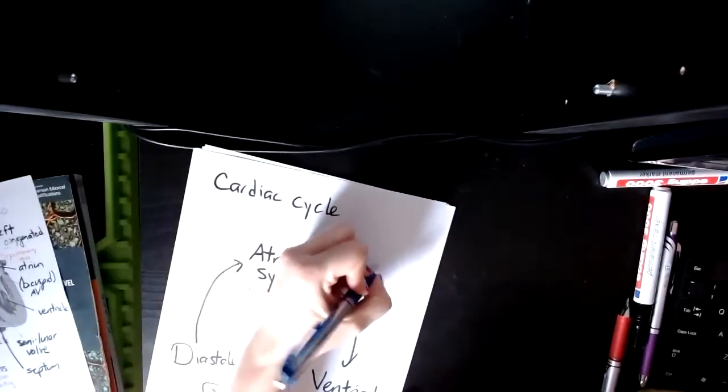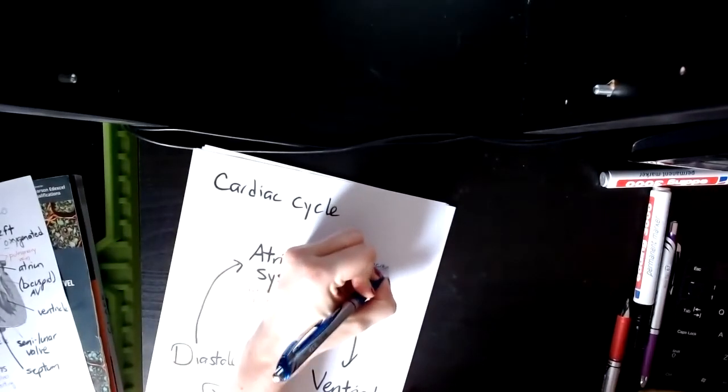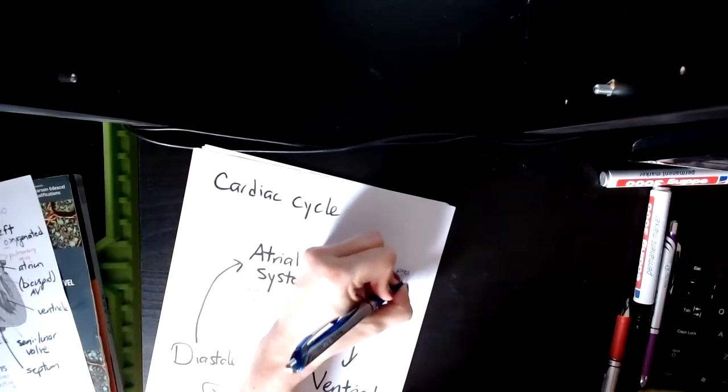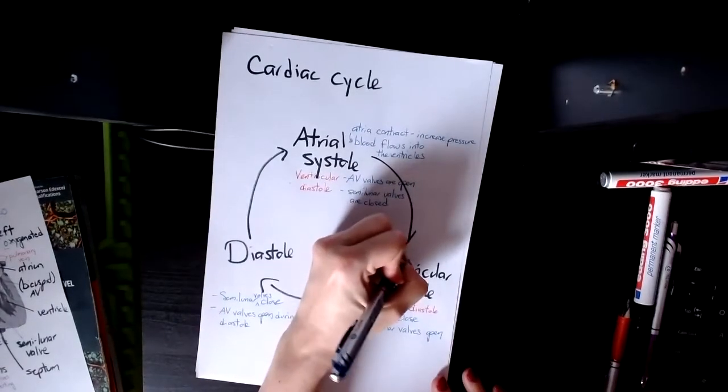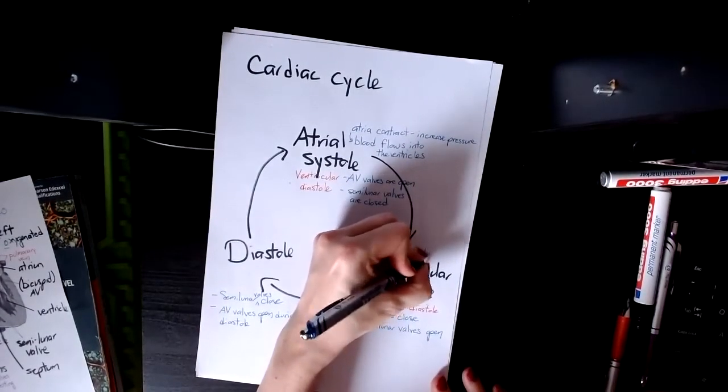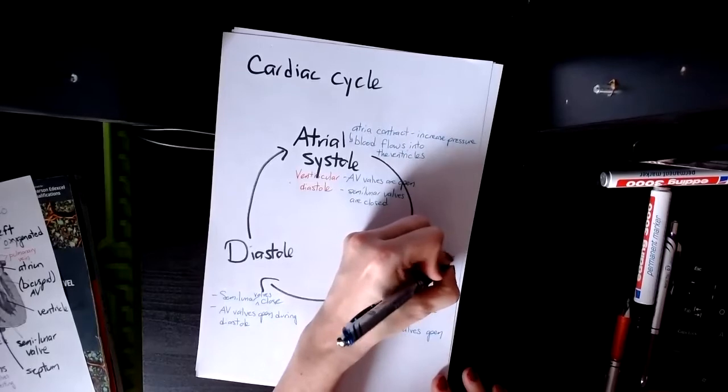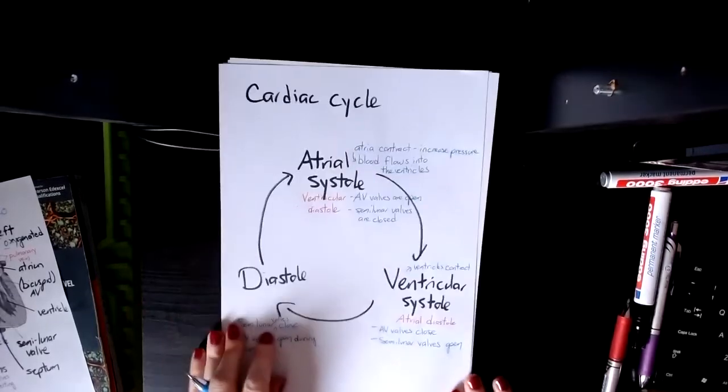When the atria contract, you should understand that the pressure in them increases. The same thing happens when the ventricles contract, which I realized I never actually wrote down. The ventricles contract, and that increases the pressure in the ventricles.